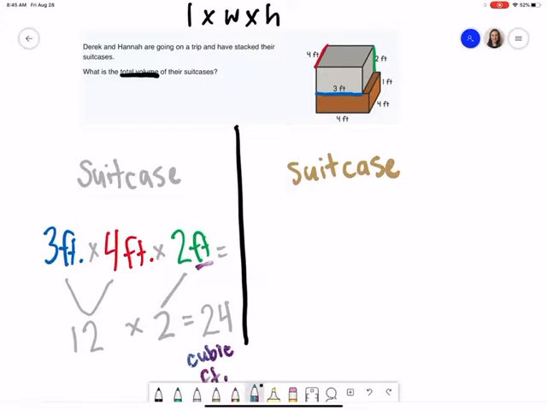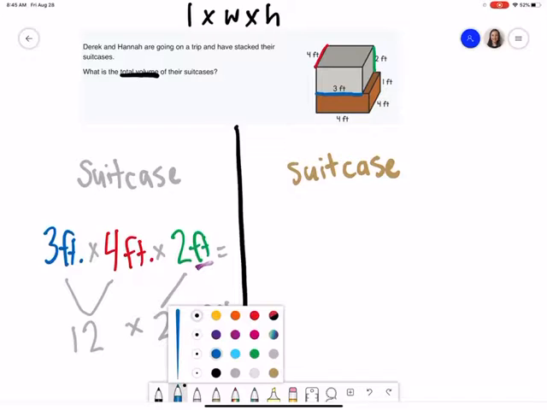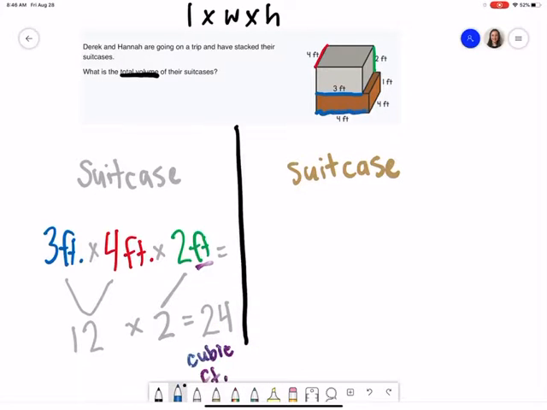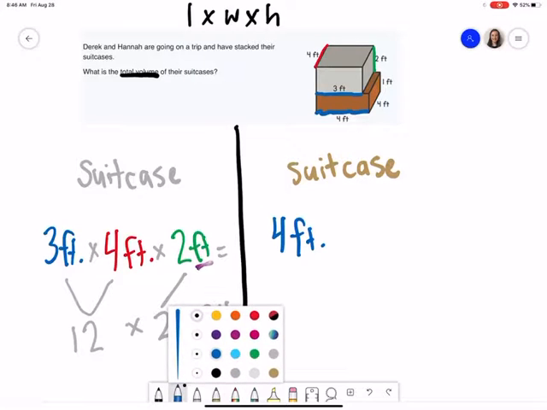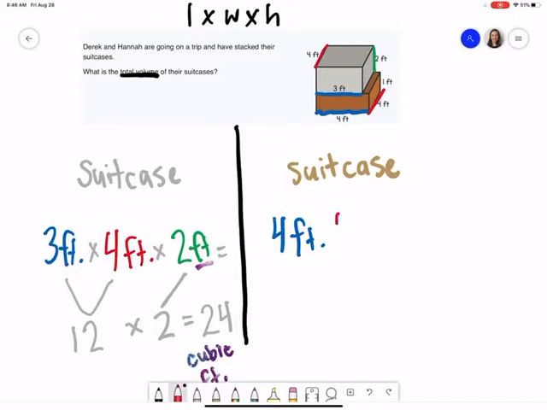And we have, let's see, let me get my marker ready. We're going to do our length. The length of the brown box is 4 feet. Our width is 4 feet.